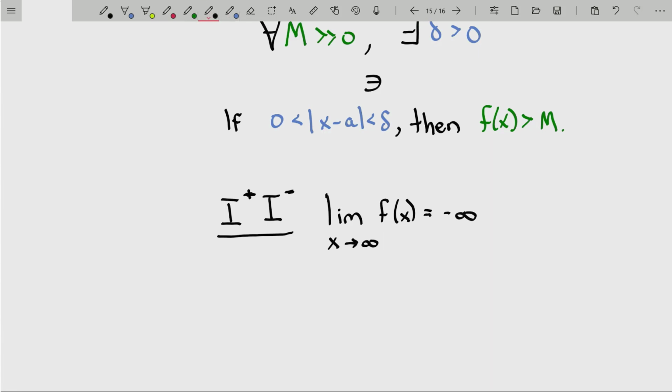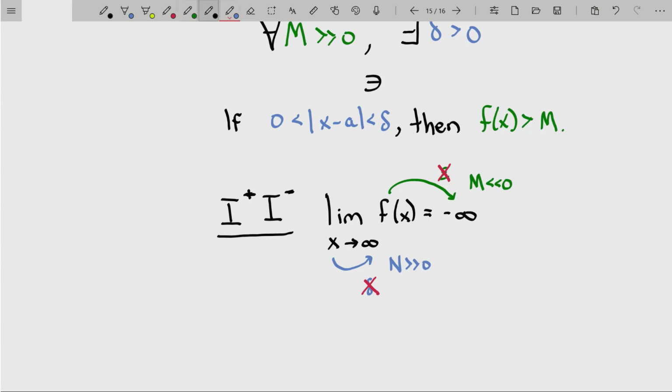Okay, so this tells us we don't have an epsilon neighborhood because our function is not going to something finite. So we just have a massive y value, but it's massively negative. And x is not approaching something finite either, so we do not have a delta neighborhood. Instead, x is associated with a very massive number that's positive, because it's going to positive infinity.